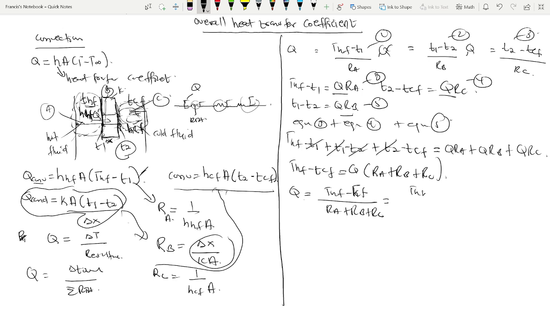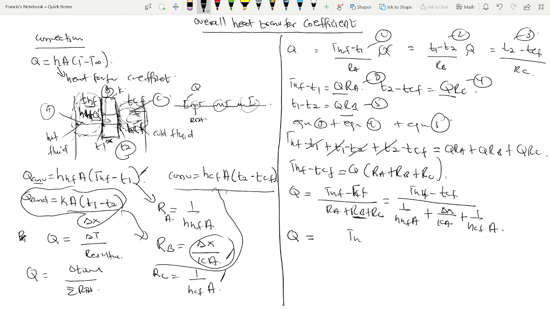So THF minus TCF all over our RA, which is 1 over HHF times A, plus our RB, which is change in X over KA, and then our RC, which is 1 over HCF times A. Realize that there is area in all of them, so you can factor the area out. We are doing this because we want to get the overall heat transfer coefficient.